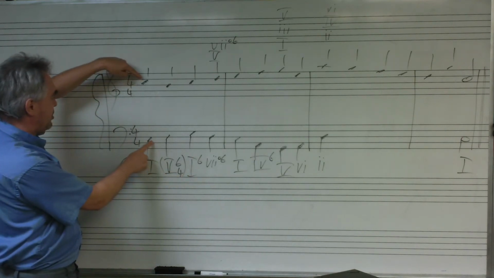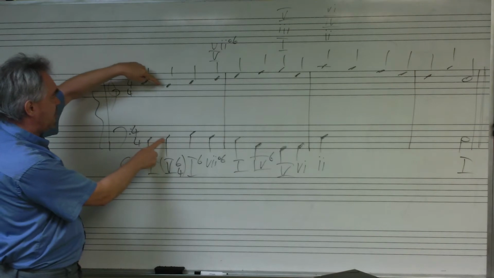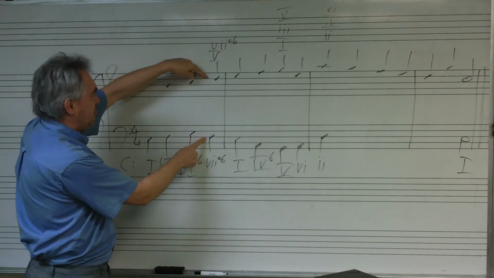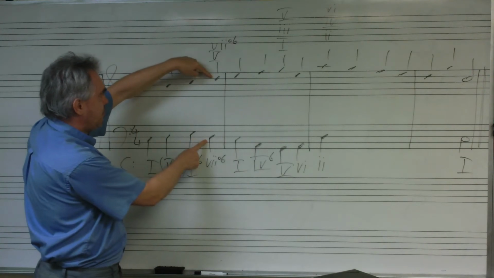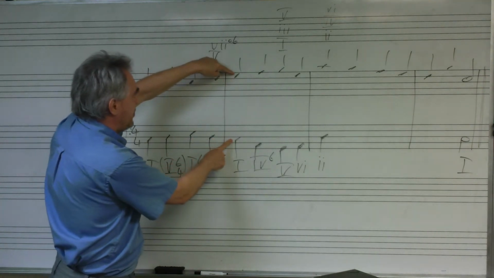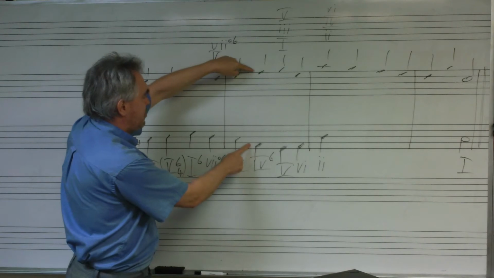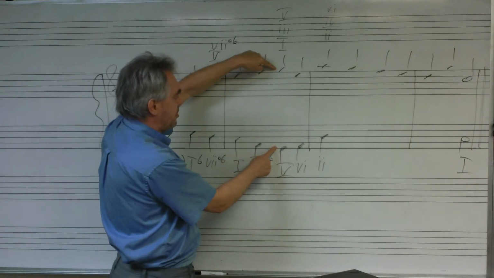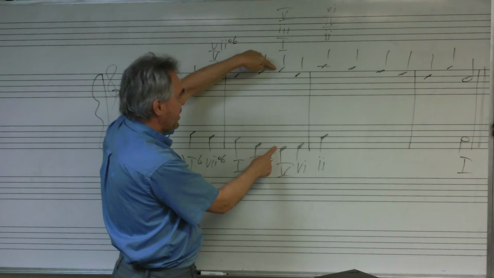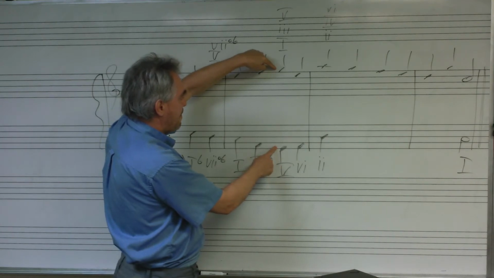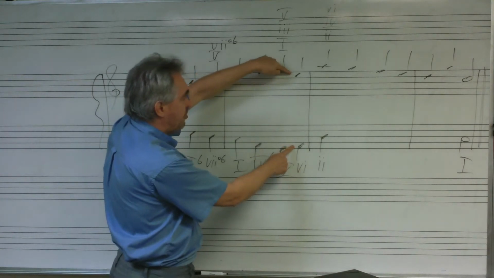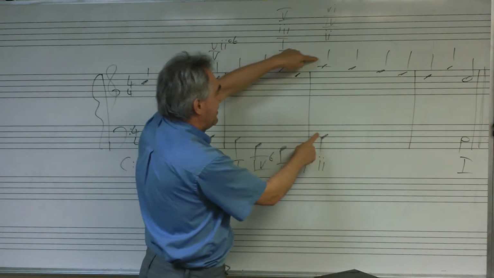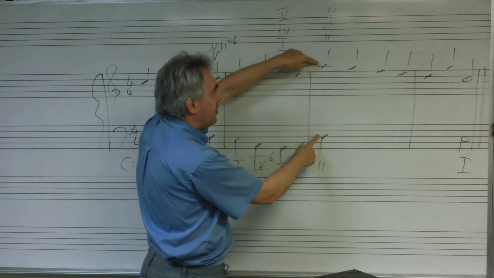So anyways, here we have an octave, we have a sixth, an octave approached by contrary motion, a third, a sixth, an octave approached by contrary motion, a fifth approached by contrary motion, and a fifth.